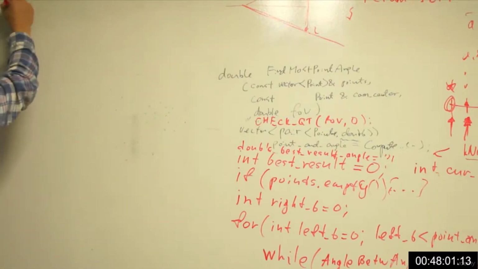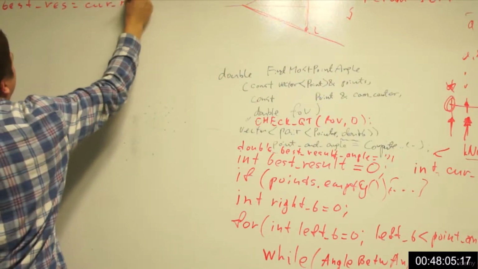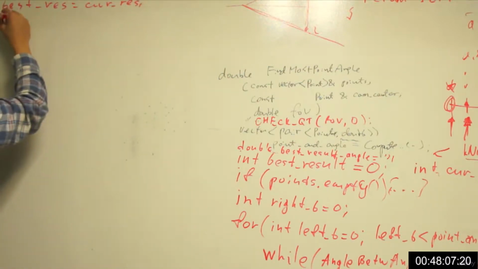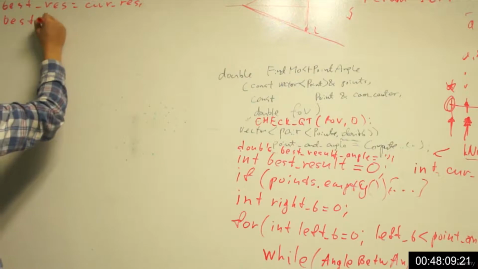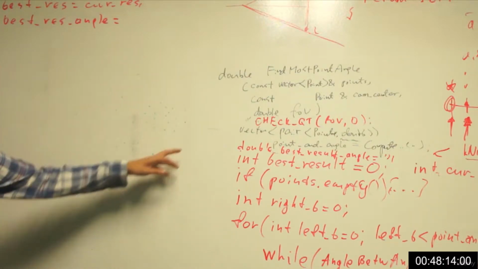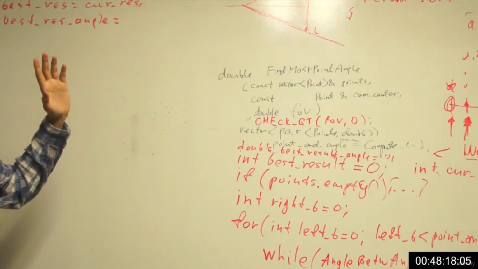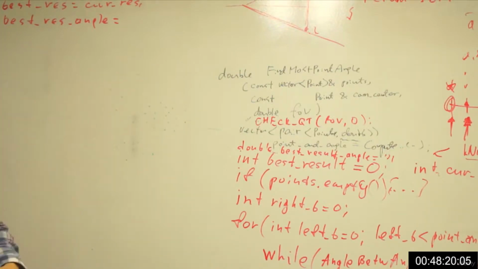So best result equals current result, and best result angle equals the output of that angle function.